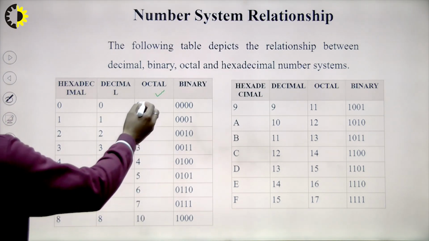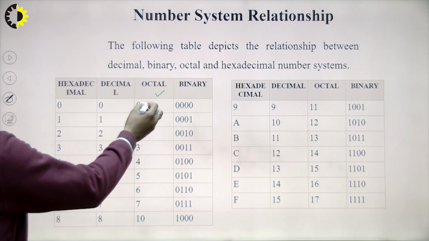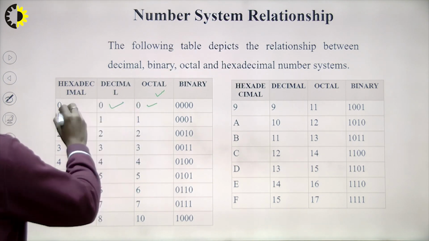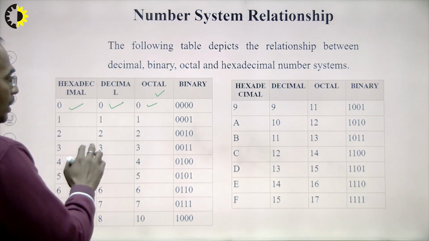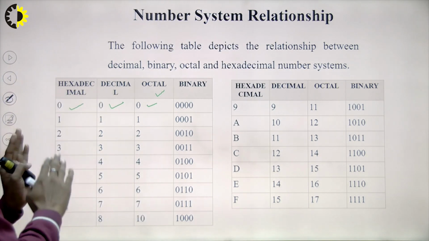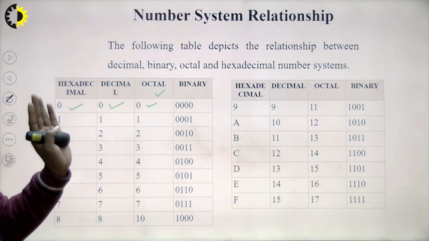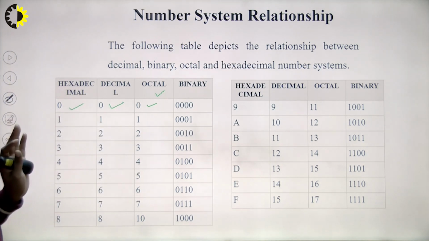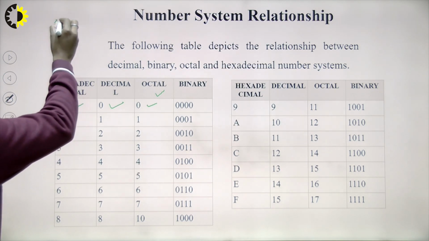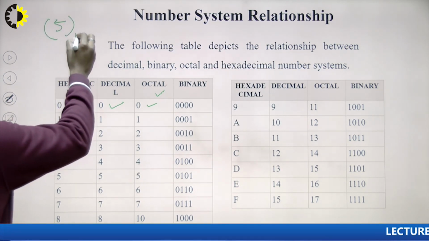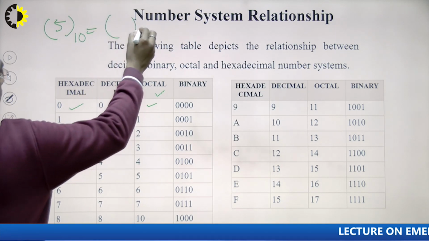So from 0 to 7, octal, decimal and hexadecimal are all the same. How will you get the binary equivalent of the decimal number system? For getting the binary equivalent I have to do nothing special. Suppose I have to convert 5 at base 10 into the binary number system.